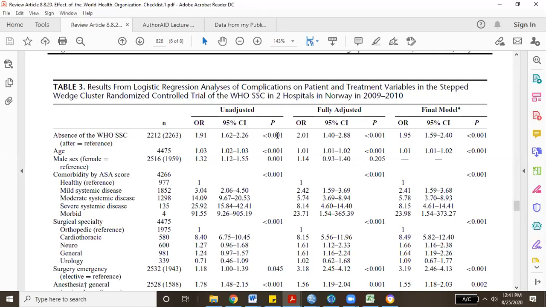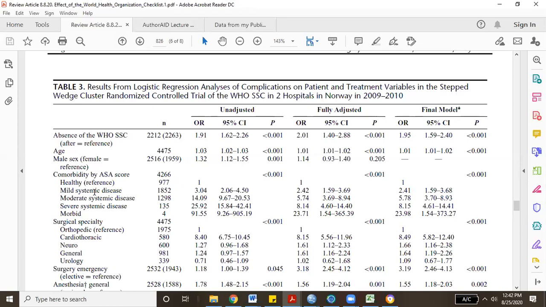Statistically significant. So that is the interpretation for this. As you can see, they have unadjusted and they have fully adjusted. So the difference is, for the unadjusted, you don't check for confounding variables, because not everything here could be independent on their own, even if they are called independent variables.